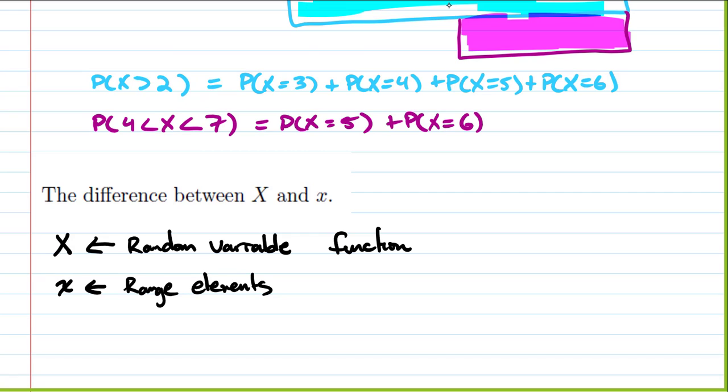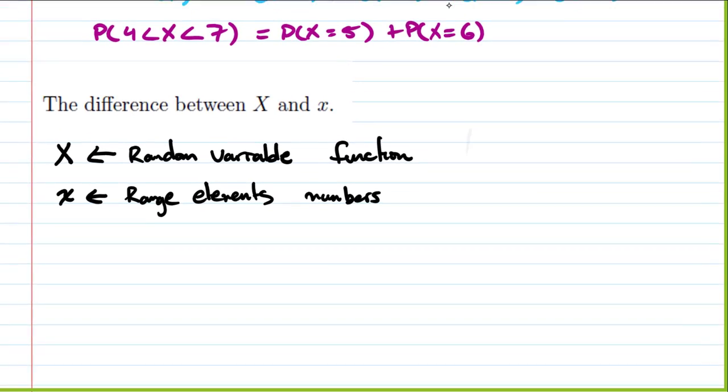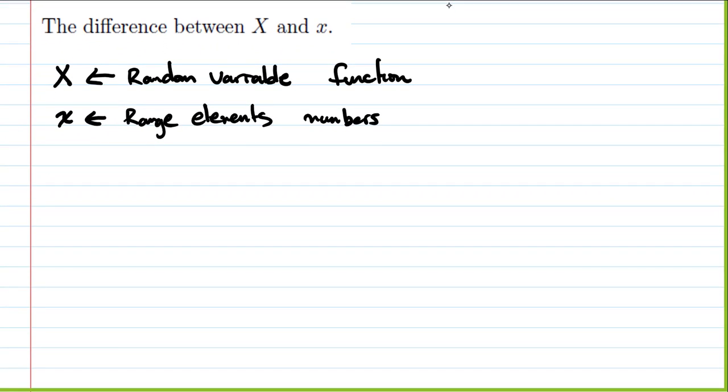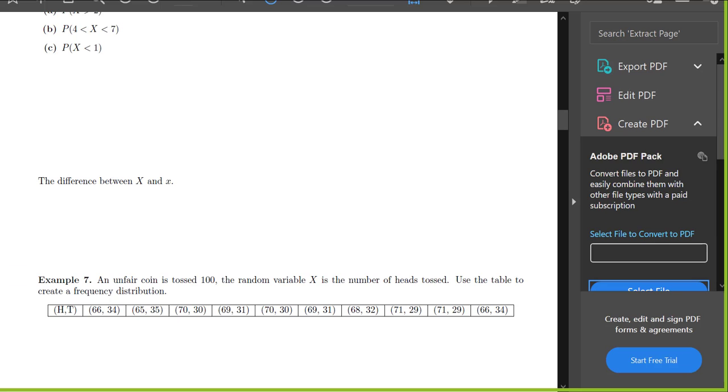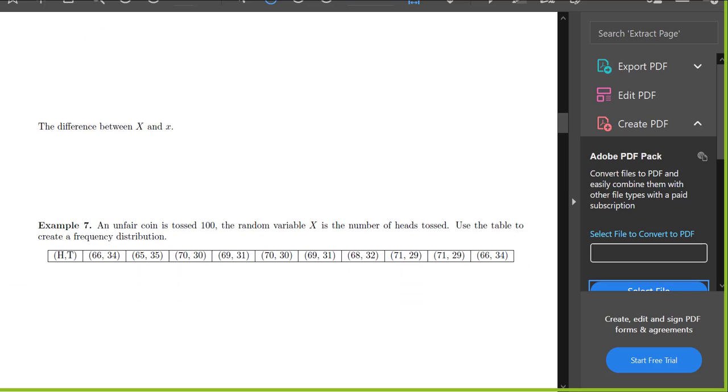They're the numerical values assigned by the rule. So they're numbers. We'll do some more examples to help clarify that, but we need to distinguish between capital X and lowercase x.